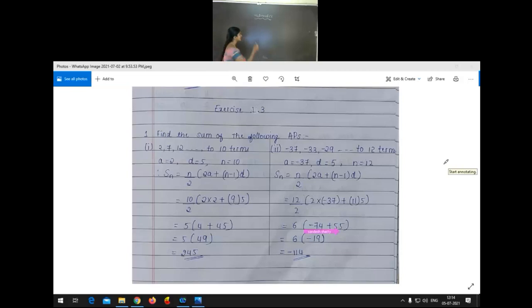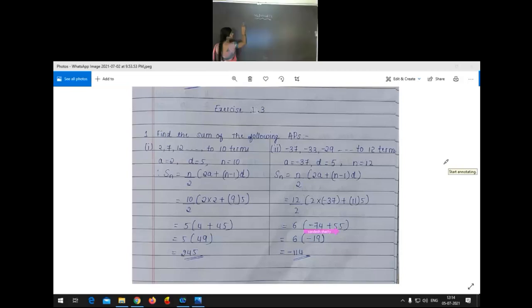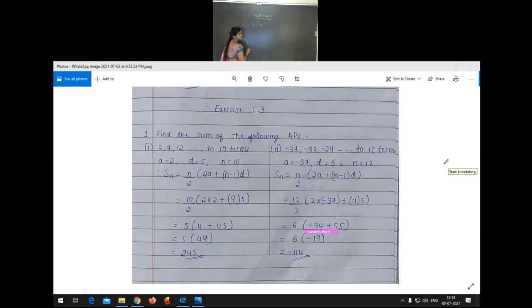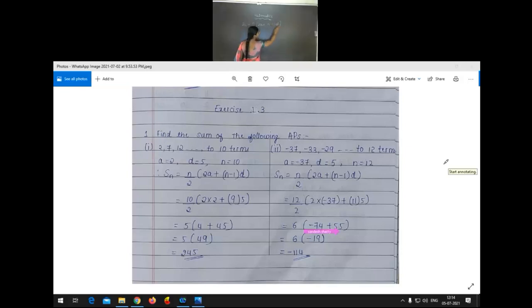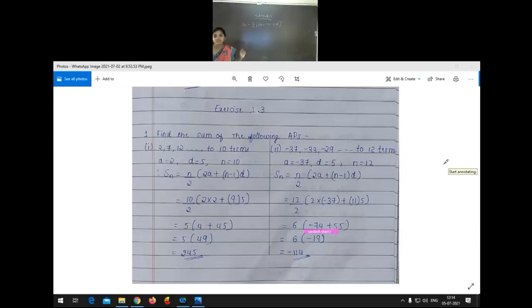Yes, Danya, what is the formula? Sn is equal to n by 2 into 2a plus n minus 1 into d. Yes, very good. So this is the formula which we are going to use to find out the sum of n terms of an AP.